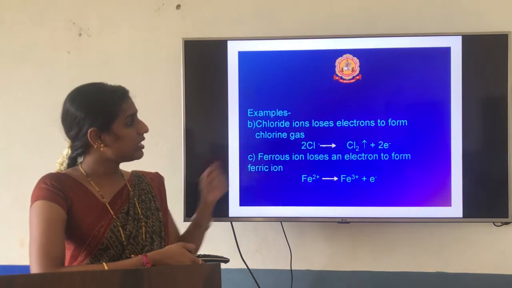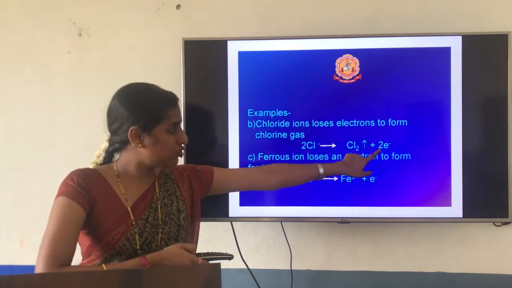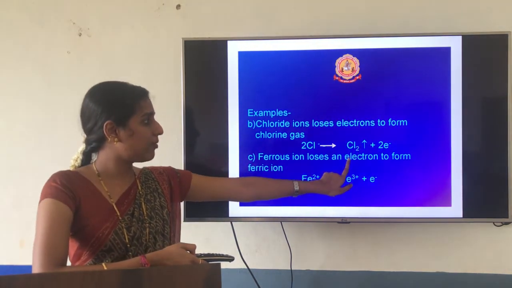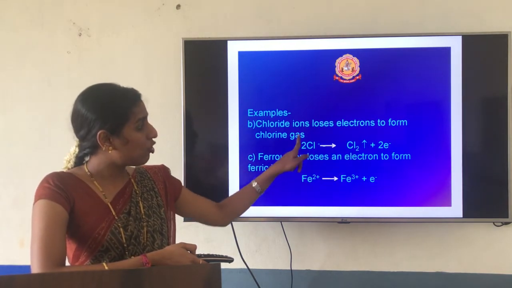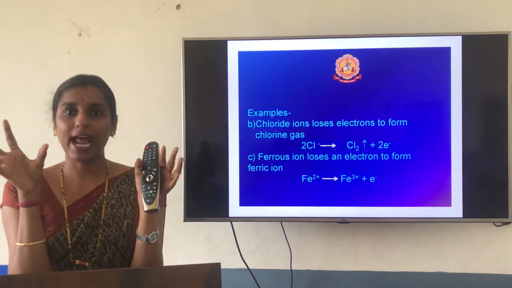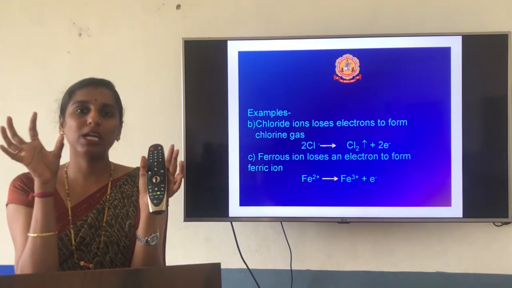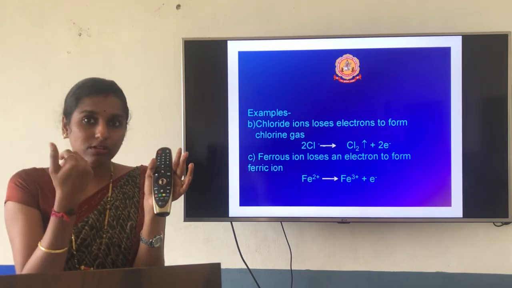Some more examples under this. Chloride ions lose two electrons to form chlorine gas. First, remember the chlorine atom, Cl. What is the nature of Cl? It is a non-metal. It will gain electrons, right?